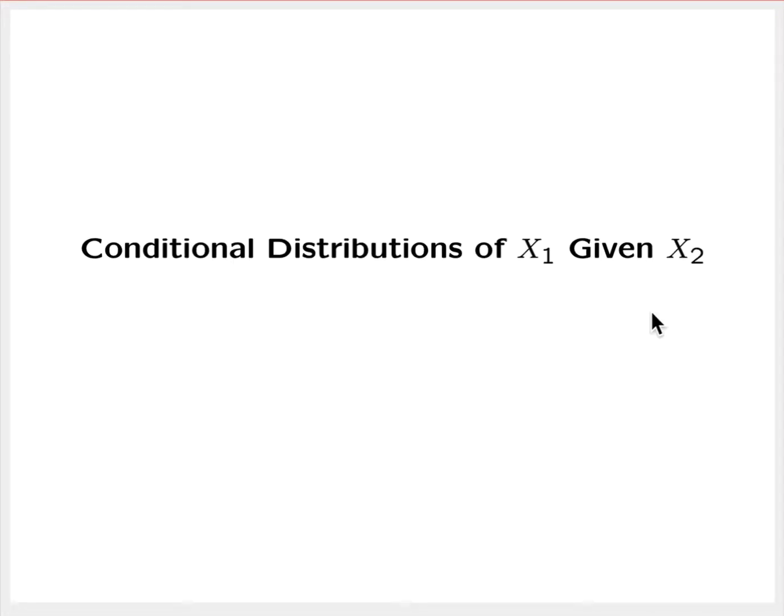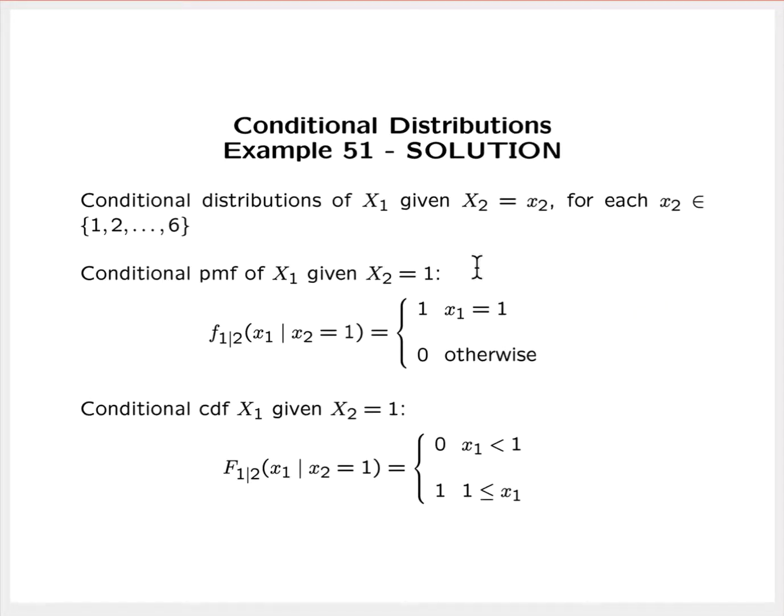And so let's take a look at how we would represent that. So here we're looking at the conditional PMF of x1 given x2, and in particular given that x2 is equal to 1. And so based on what we just saw using that tabular representation, the conditional PMF of x1 given that x2 is equal to 1 is going to be 1 as long as x1 is equal to 1 and it's 0 otherwise.